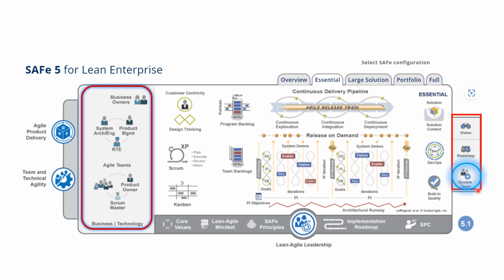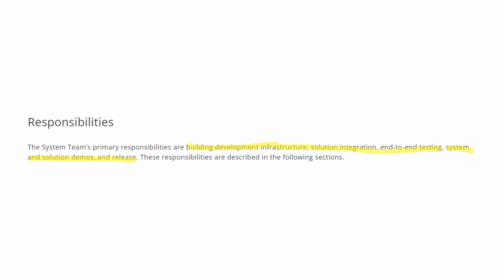In my previous video, I discussed what the system team is all about, what they do, how they operate, all those things. In today's video, we're going to discuss the responsibilities of a system team. SAFe is saying there are at least 5 responsibilities a system team needs to take care of.